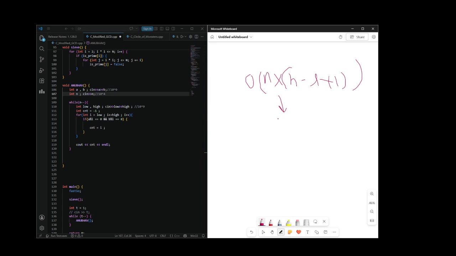So if we substitute the numerical values, the value of n is 10 to the power 4, into the value of high is 10 to the power 9 and low is also 10 to the power 9. So somewhere it would be 10 to the power 9, right? So that means it is 10 to the power 13.